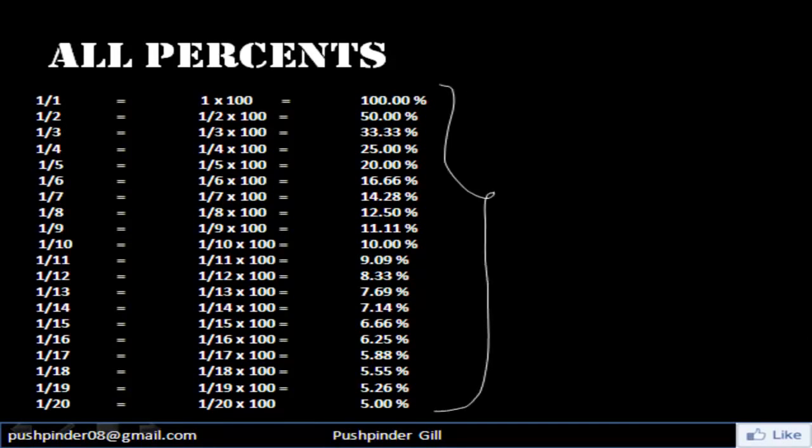These are all the fractions converted into their particular percentages from 1 by 1 to 1 by 20, right? You can easily calculate more percentages as well, right? If you know 1 by 13, you will easily know what 1 by 26 is or 1 by 52 is. So it becomes pretty easy from here to calculate all the derived fractions from these fractions, right? So let's just move ahead and do keep a printout of this part over here.